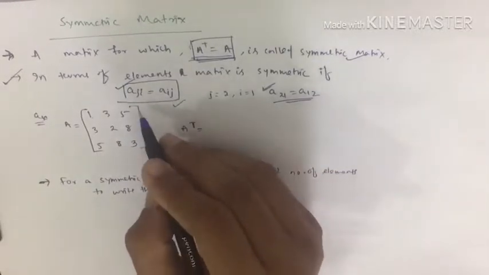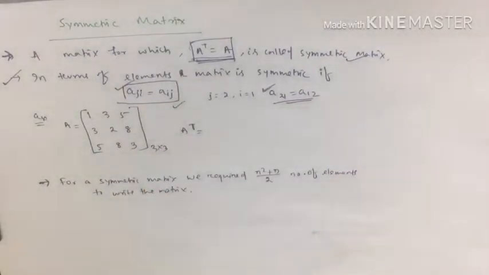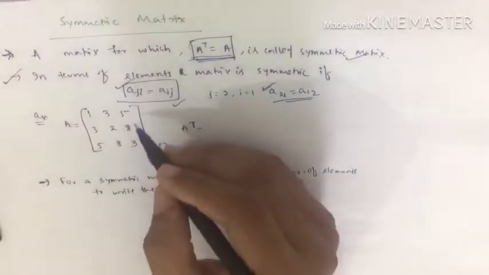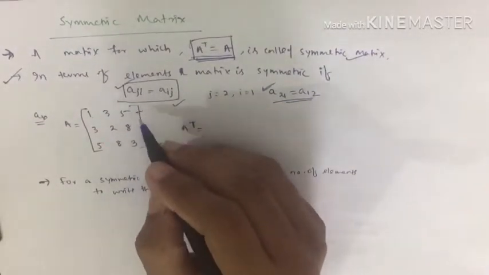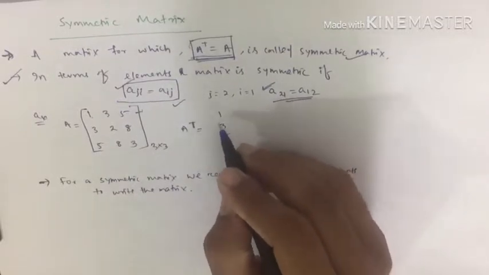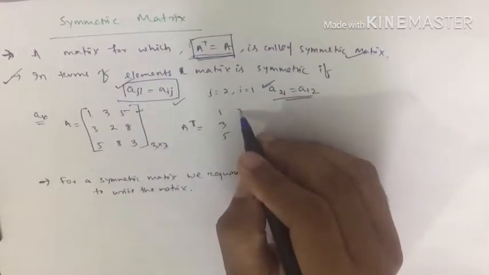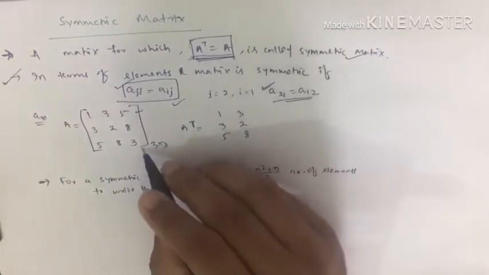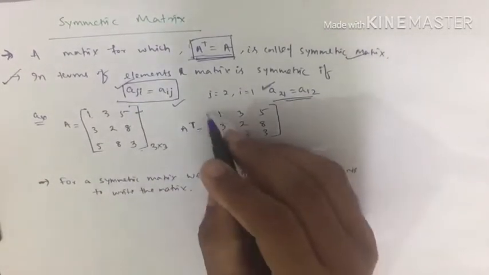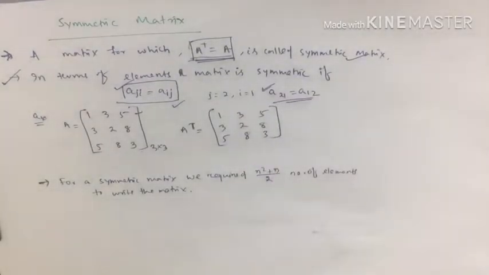I have already made a video on transpose of a matrix and its properties. How to find the transpose? Just interchange the rows into columns. So R1 written as C1, you will get 1, 3, 5. R2 written as C2, you will get 3, 2, 8. And R3 written as C3, you will get 5, 8, 3, which is nothing but the transpose of the matrix.